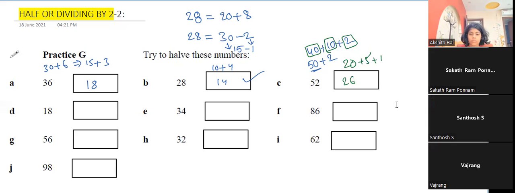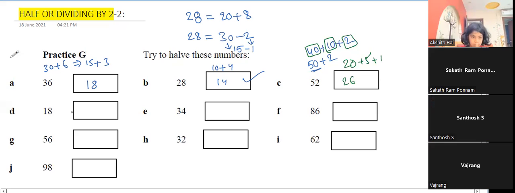Then Vajrang, your question is D. You are splitting 18: 10 plus 8.